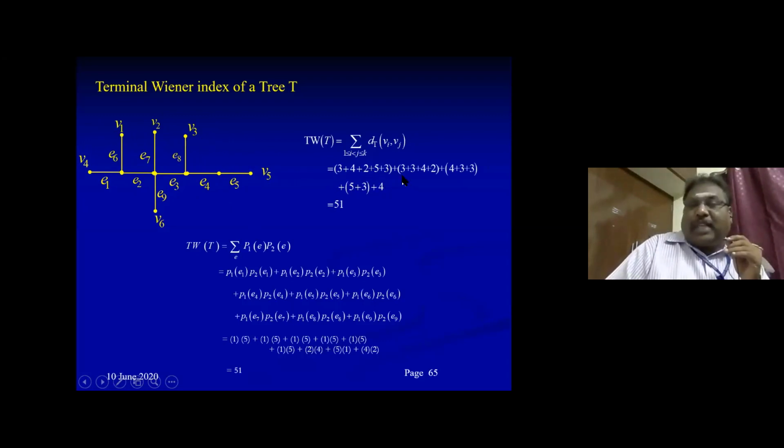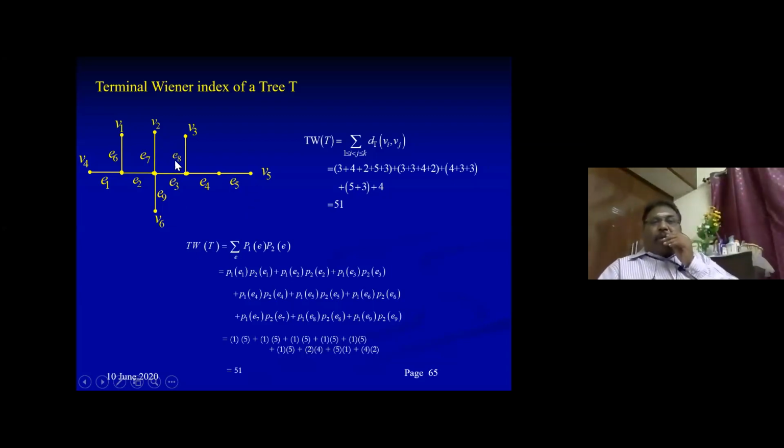Then I go to the second one, V2 with all vertices, but not with V1, of course, because that will be repetition. V2 with V4, V2 with V3, V2 with V6, V2 with V5. Likewise, I have possibilities. V6 is a pendant left out, that's all.